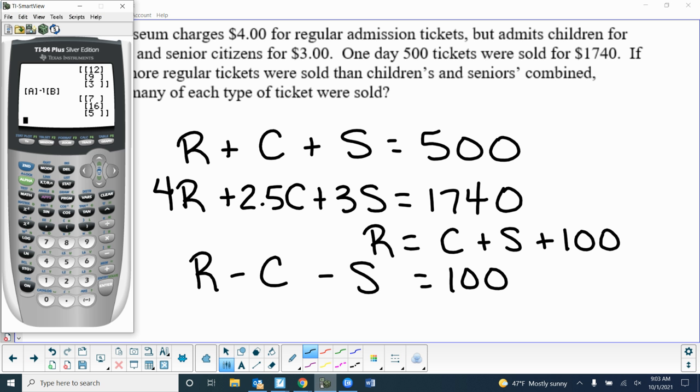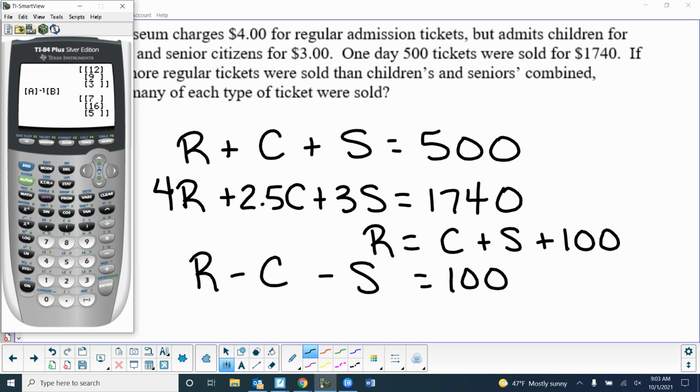So let's go and put it in. All right, I got my 111 already. And then 4, 2.5, 3, and then 1, negative 1, negative 1.